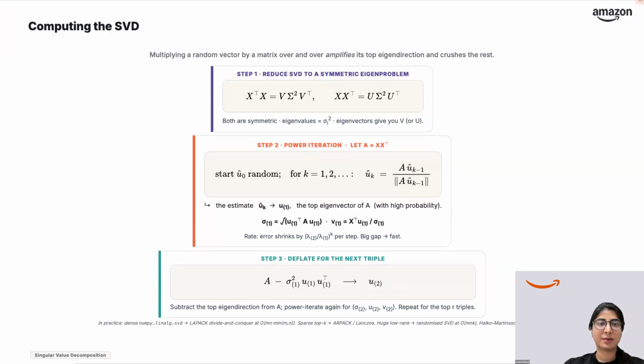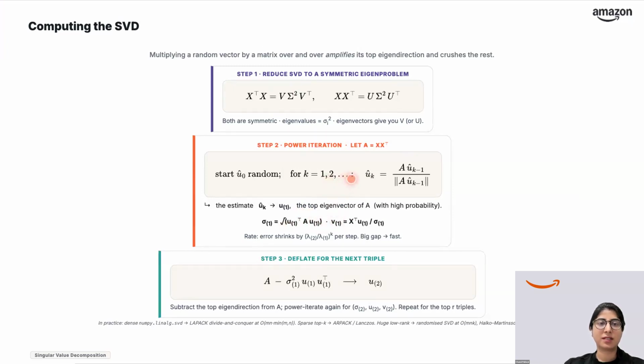So this is a way, an iterative method, to compute the SVD. As we have discussed, we start off with X transpose X and X X transpose, and sigma i square are the eigenvalues of these matrices. Now for k equal to 1 to n, for different iterations, we first identify the first eigenvector of A, where A is basically X transpose X, and the corresponding eigenvalue and V1 as well.